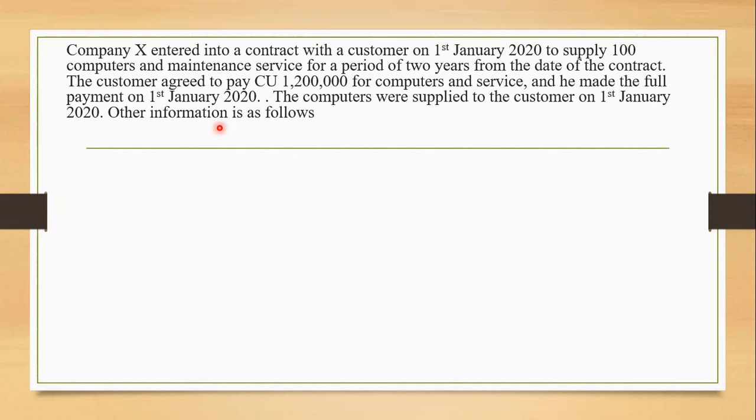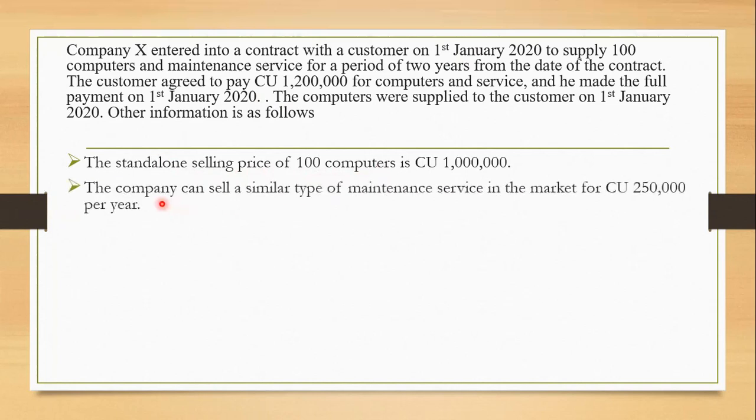In addition to these facts, they have provided some other information as well. What is the other information? The standalone selling price of 100 computers is currency unit 1 million. The second piece of information is that the company can sell a similar type of maintenance service in the market for currency unit 250,000 per year. Please focus on the terms.